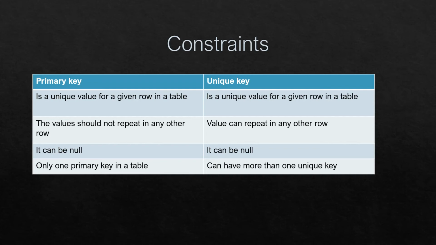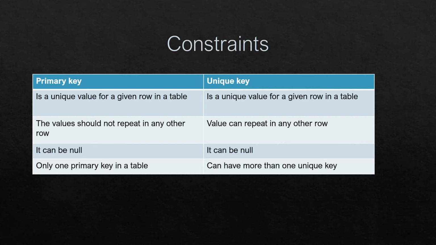When you talk about the unique key, it can be null. For example, a mobile number. A mobile number is unique for a particular row, but there might be a few people who don't have a mobile number. That's not the case nowadays, everyone has a mobile number, but it's just an example.